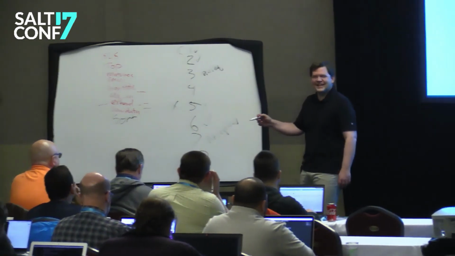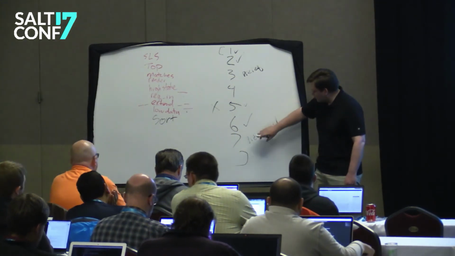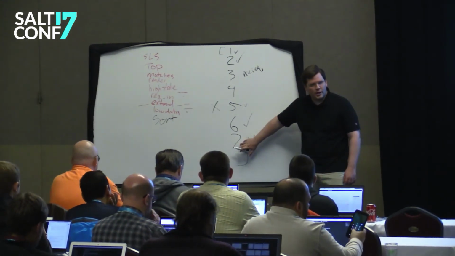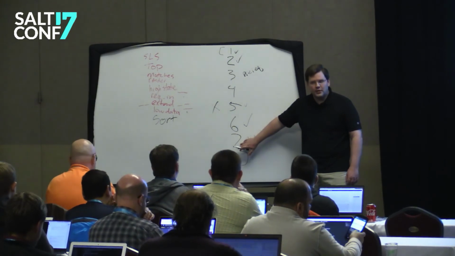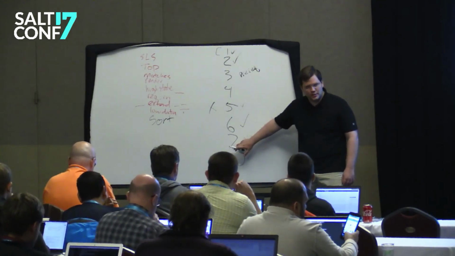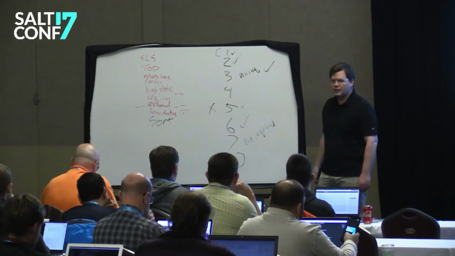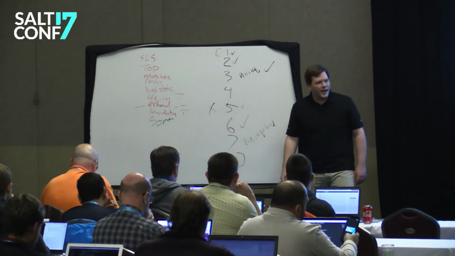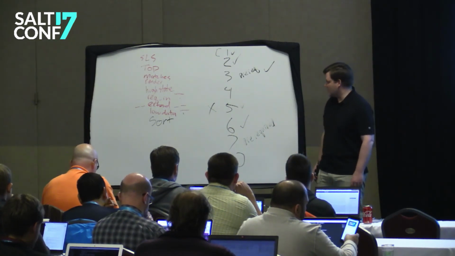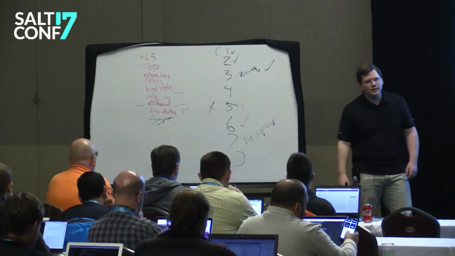Now, so it runs number 7 in test equals true mode, so it doesn't change the system, but returns if it's planning on making changes. If it's planning on making changes, it runs 3, and then after it runs 3 and has evaluated the prereq, what state do we run next?